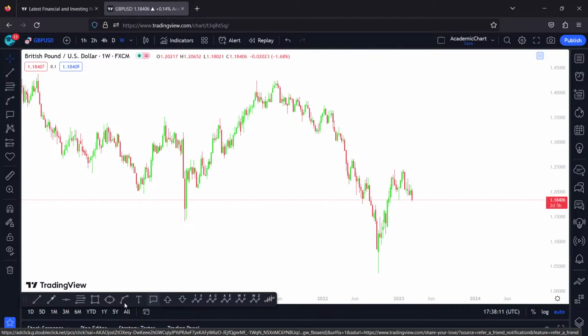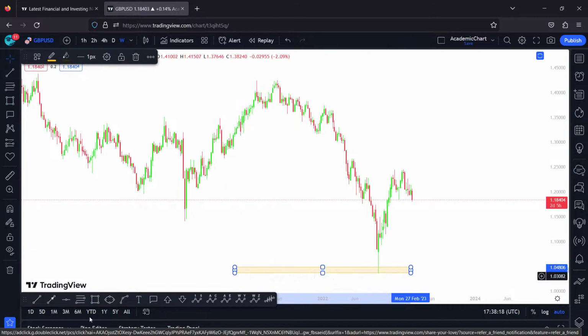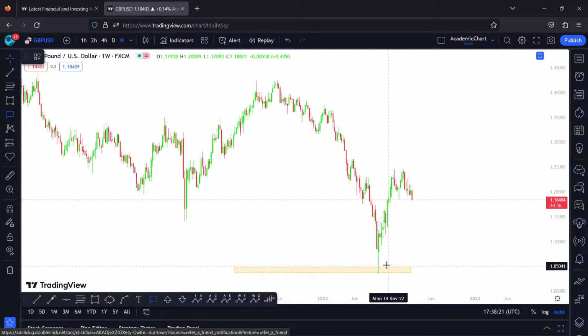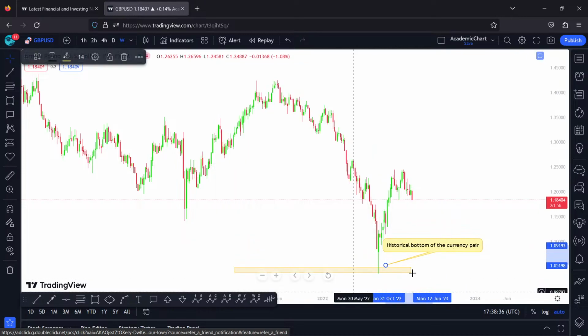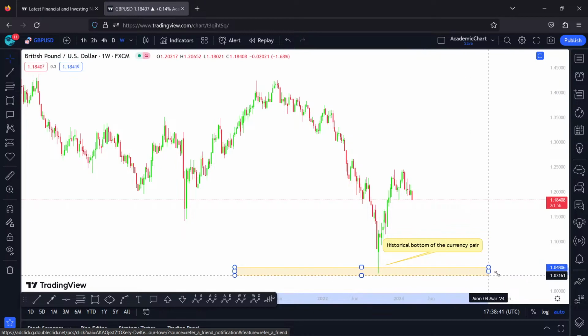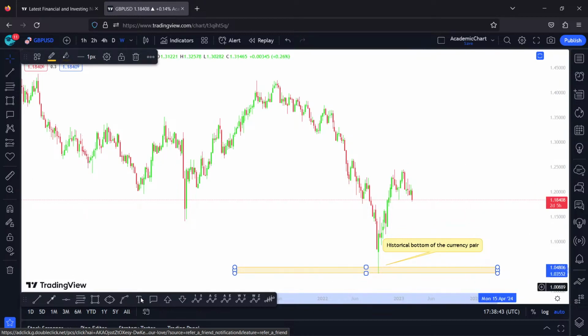Let's just clarify that this is the historical bottom of the currency pair. You know that this is going to be a very, very strong support.